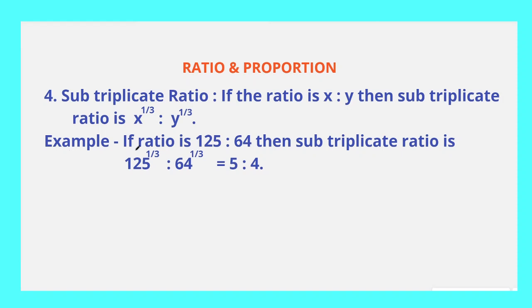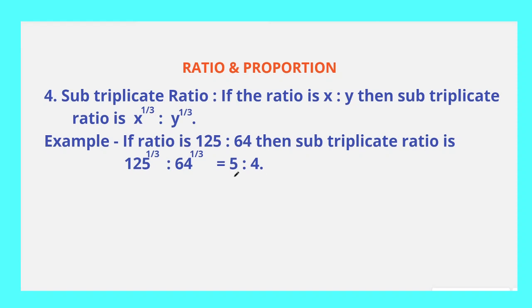For example, if ratio is 125:64, then sub-triplicate ratio is 125 to the power 1/3 ratio 64 to the power 1/3, or cube root of 125 ratio cube root of 64, which is equal to 5:4.